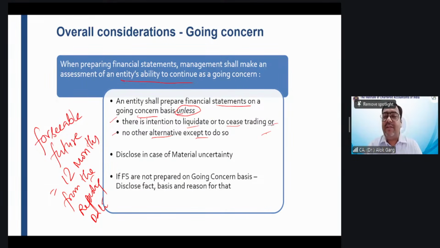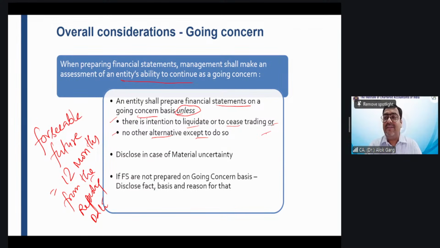Friends, in this case, whether the entity has an intention to liquidate? No. Whether the entity has stopped trading? No. But is there any alternative left except to shut down the business? The business has already been shut down. The entity cannot restart it because it does not have funds or borrowings. Bankers are not ready to give funding, and they are not getting any insurance claim.